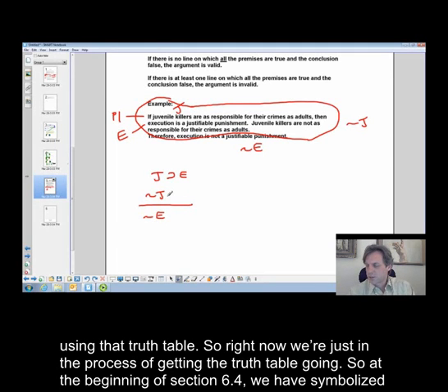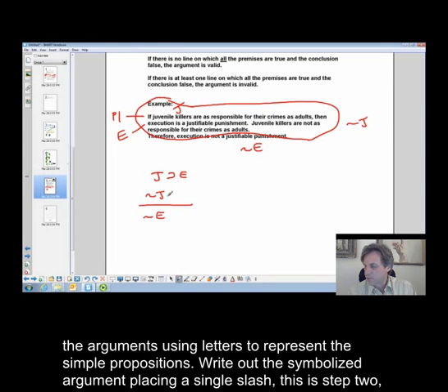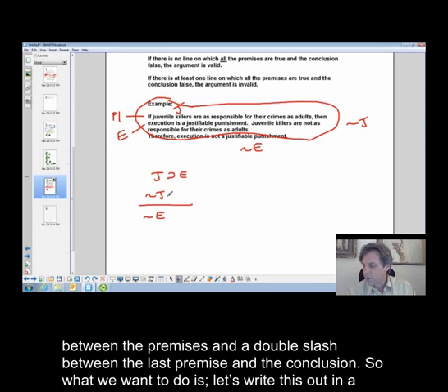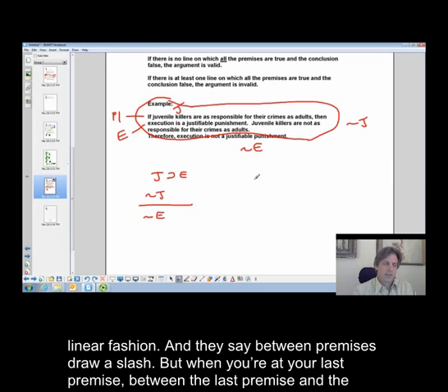So at the beginning of section 6.4, we have symbolized the argument using letters to represent the simple propositions. Step 2: write out the symbolized argument, placing a single slash between the premises and a double slash between the last premise and the conclusion. So let's write this out in a linear fashion. They say between premises, draw a slash.